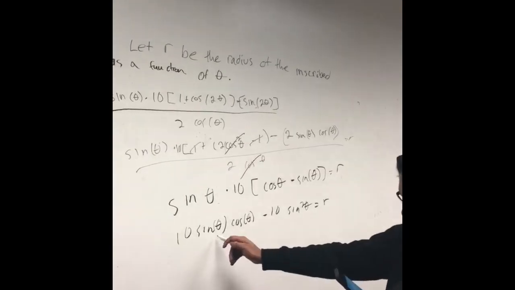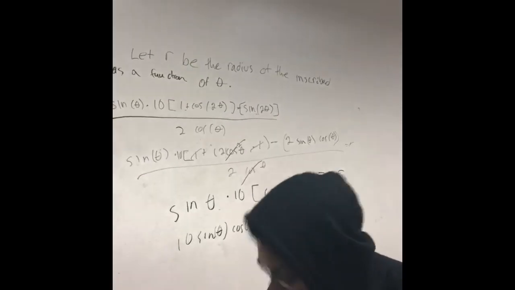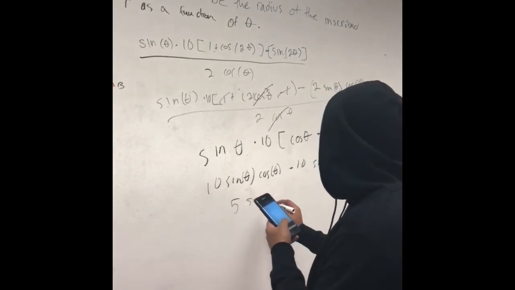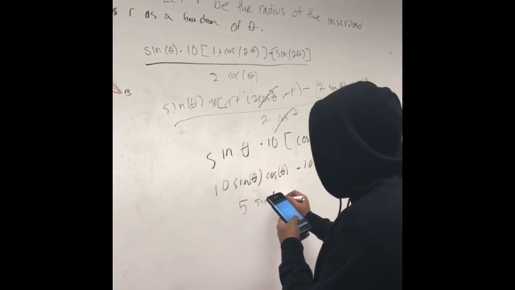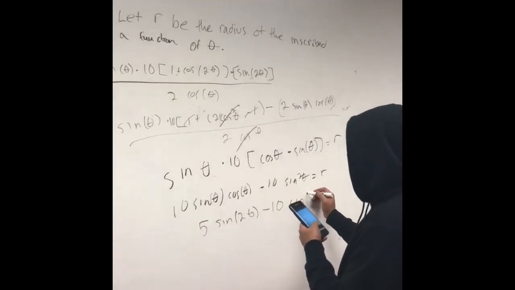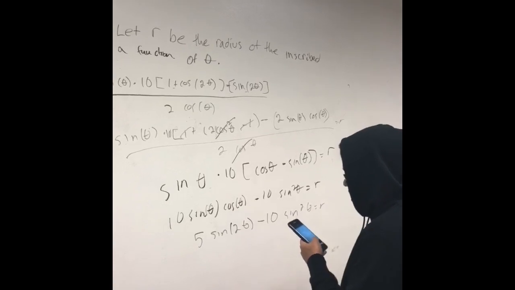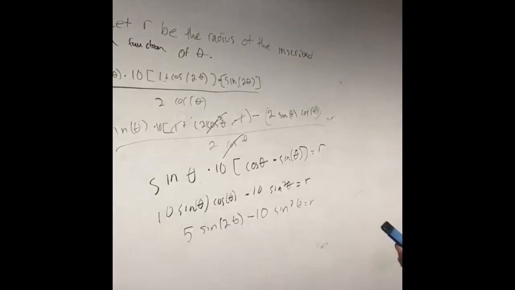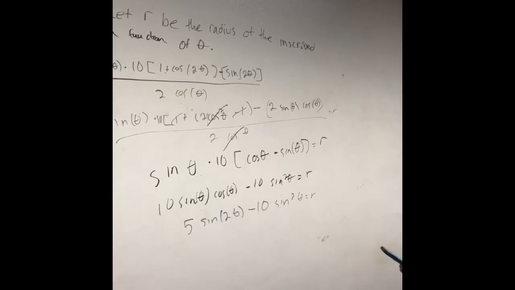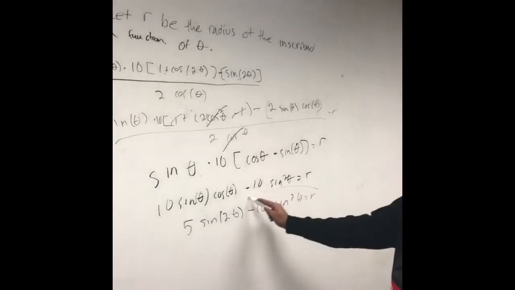So this right here turns into 5 sine 2 theta minus 10 sine squared theta, which is equal to r. And now we have the simplified version, which is the final answer for part B, right here.